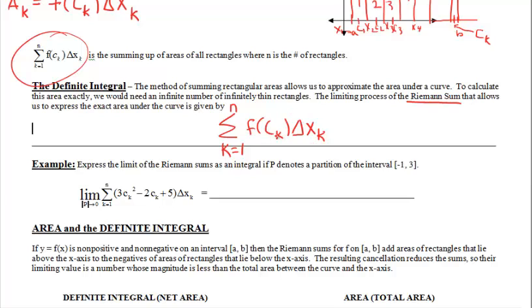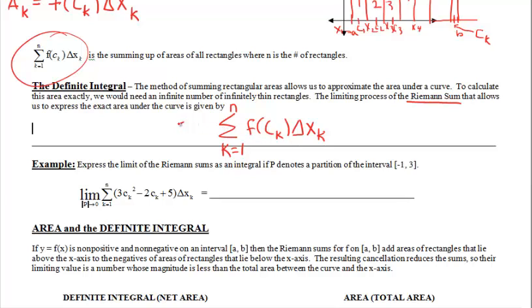All right, so we have the area sum from 1 to n rectangles, so that's a bunch of rectangles. I'm going to find the limit of this Riemann sum. This is called a Riemann sum because you're adding the areas in a finite number of rectangles. But what I'm going to do is find the limit.